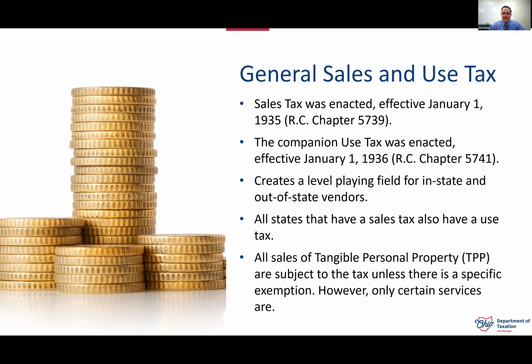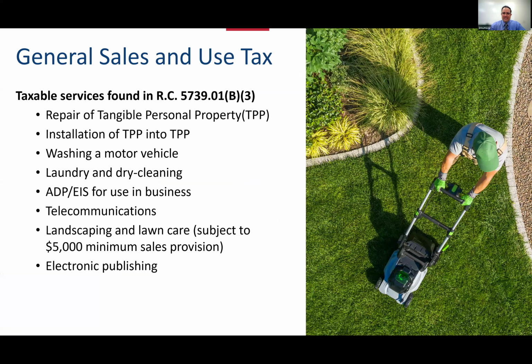Next slide. So the next three slides, I'll be going over just a brief list of our 21 taxable services. These taxable services are found in Ohio Revised Code section 5739.01(B)(3). We like to refer to that as our B3 services.